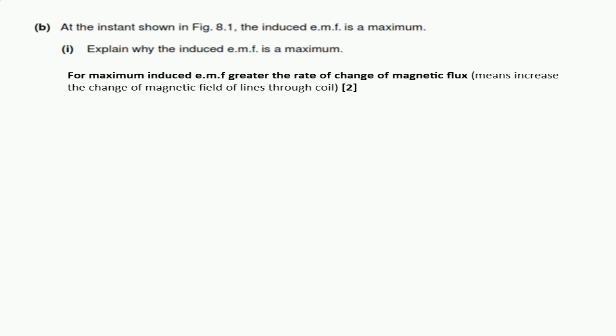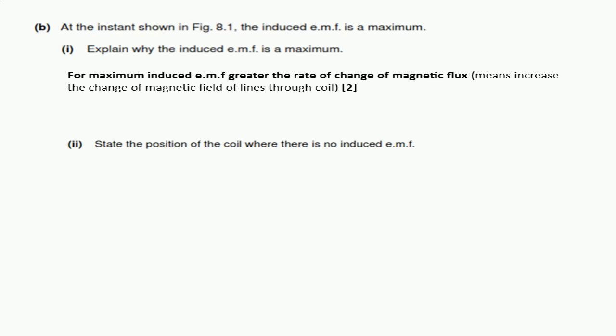Dear student, magnetic flux is defined as the change in magnetic field lines in the coil. So if we want to increase the magnetic flux, we must increase the change in magnetic field lines in that coil. So the answer to that question is that we must increase the change of magnetic field lines per unit time.